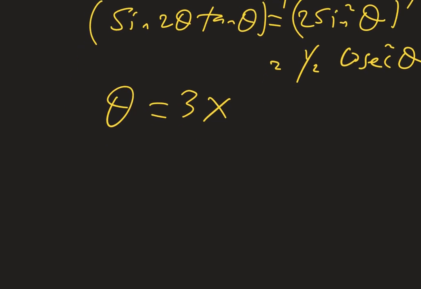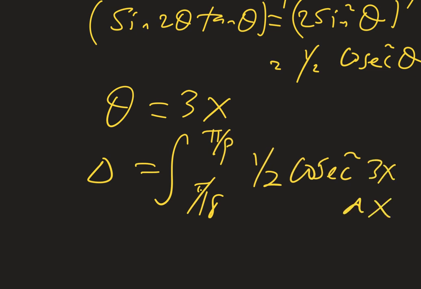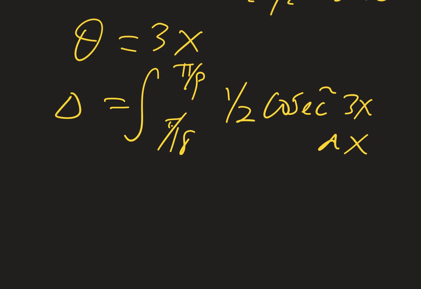So the original integral becomes from pi over 18 to pi over 9, with a half, cosecant 3x dx. The tricky part is that we have a 3 here. How do we address the 3?